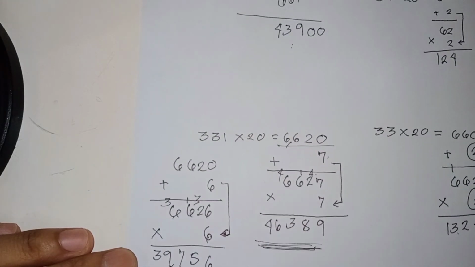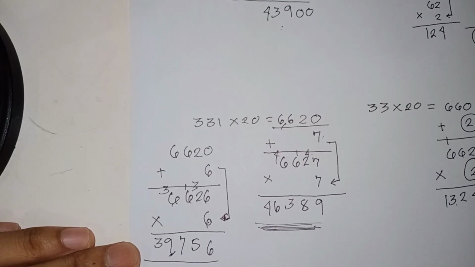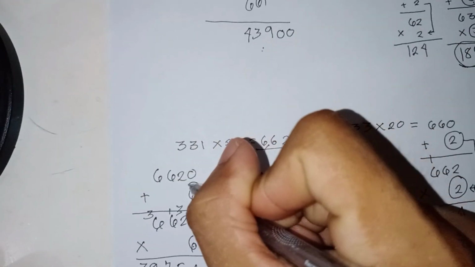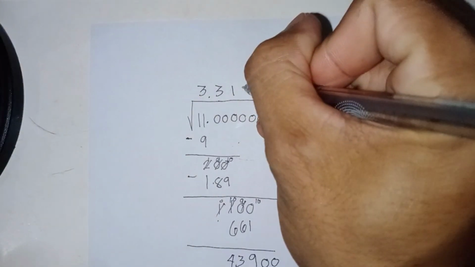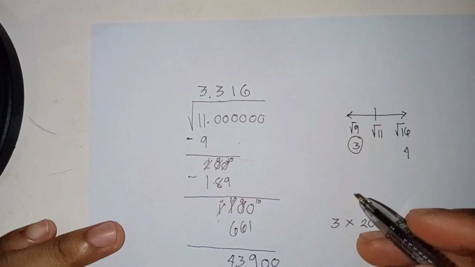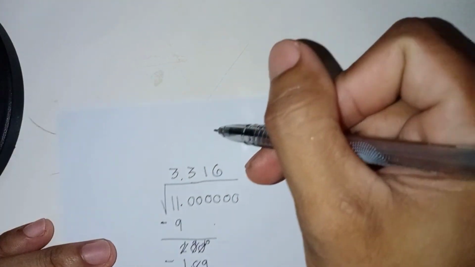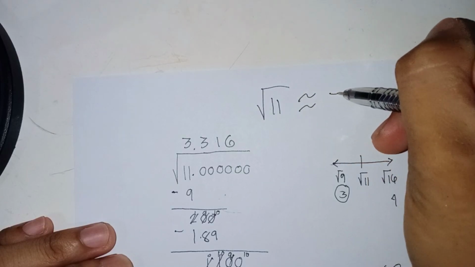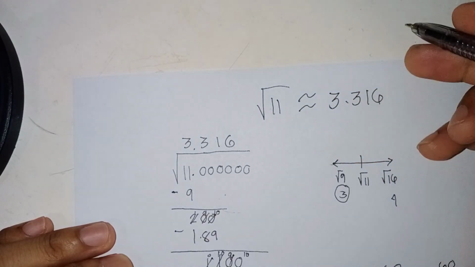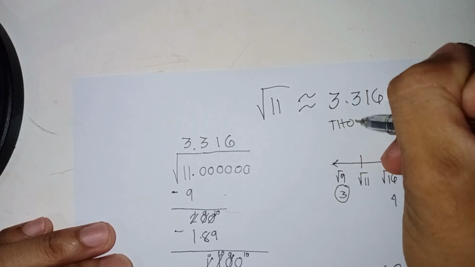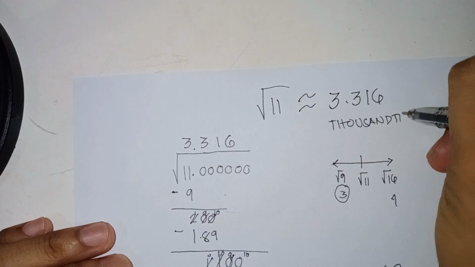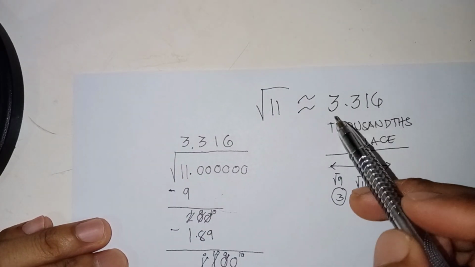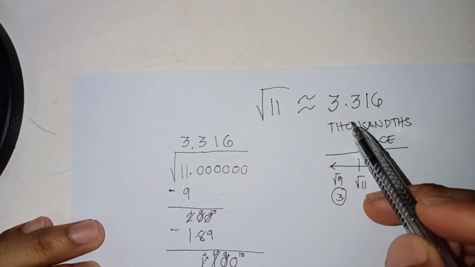So it's allowed, because 39,756 is less than 43,900. So the next digit we use is 6. This means we can say that the square root of 11 is approximately 3.316. This is in the thousands place. We're looking for the thousands place, so at least we approximated it up to the thousands place.